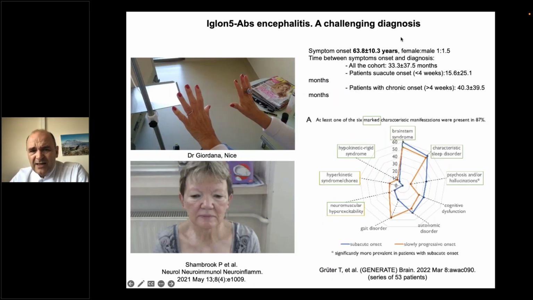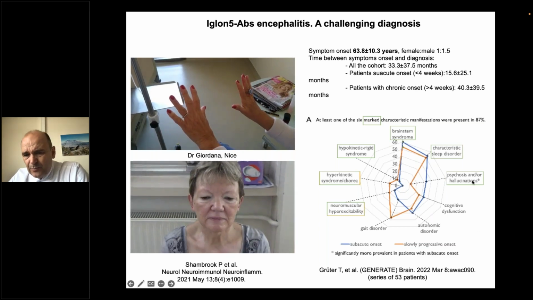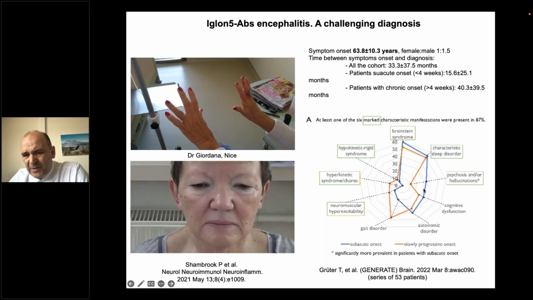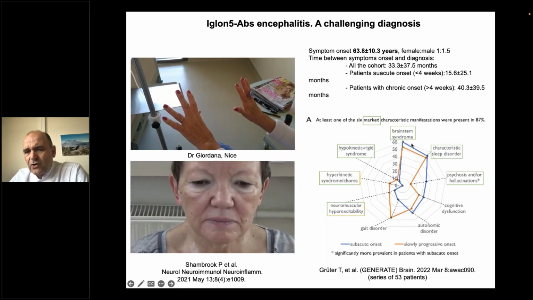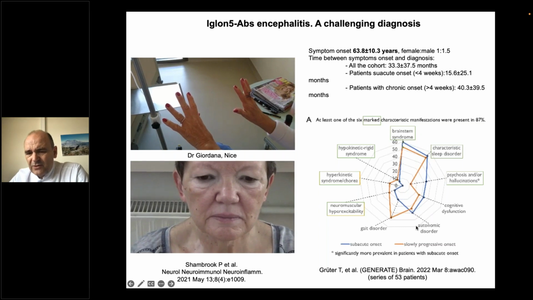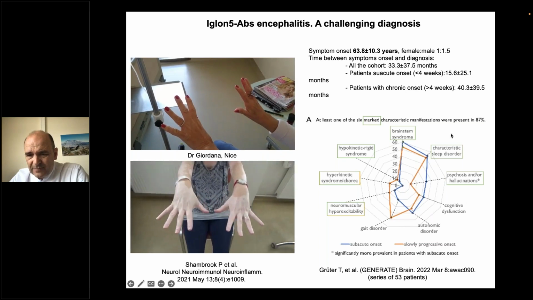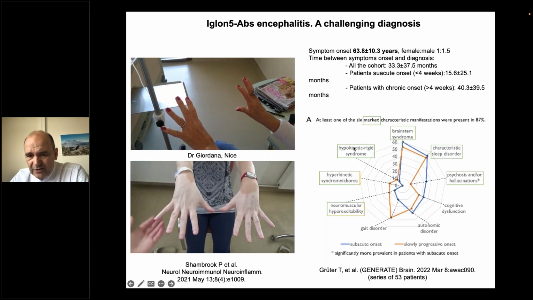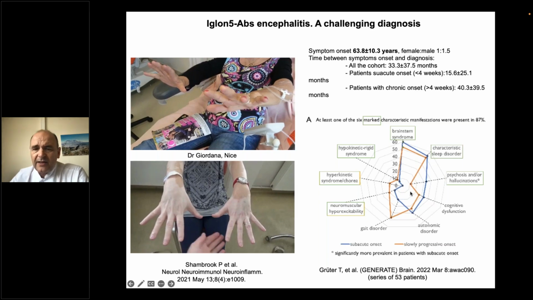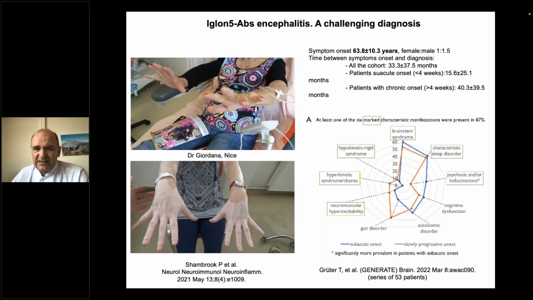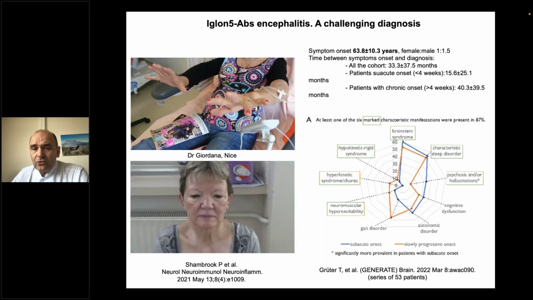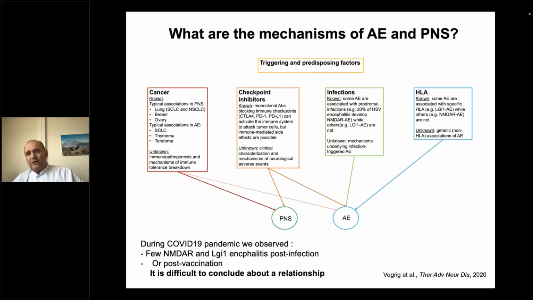And recently, a Dutch group published that there are two kinds of patients, with subacute or chronic development of the disease, mainly brainstem syndromes with something that looks like neurodegenerative diseases. So it has opened a new area of autoimmune disease that looks like neurodegenerative disease.